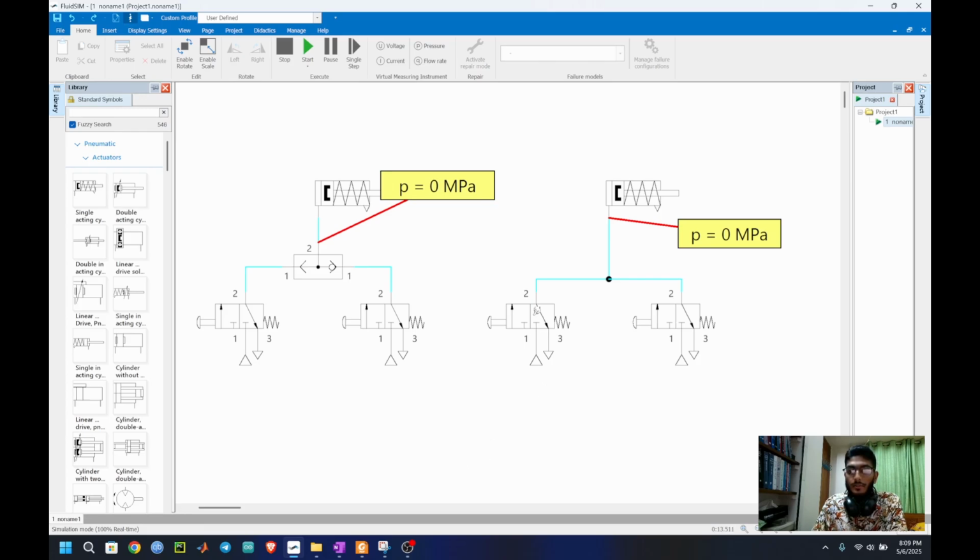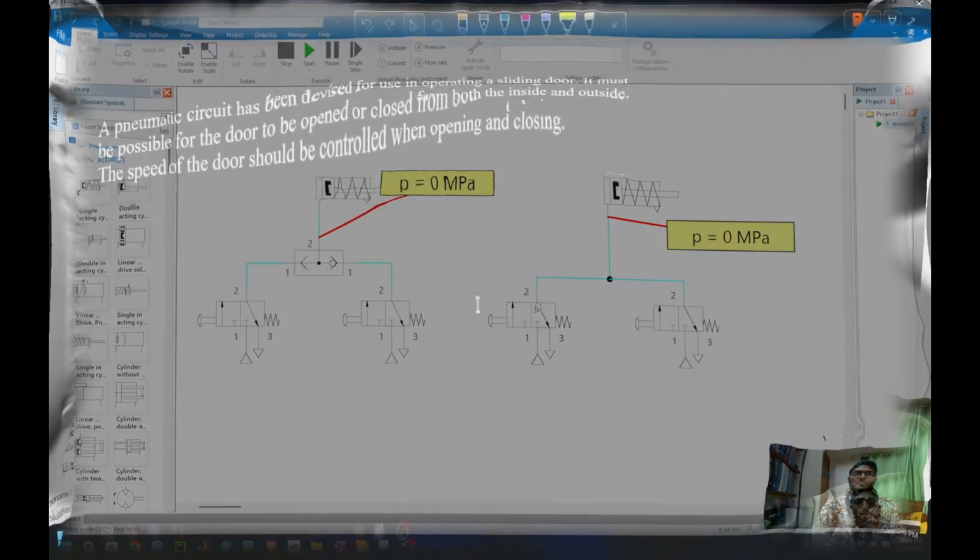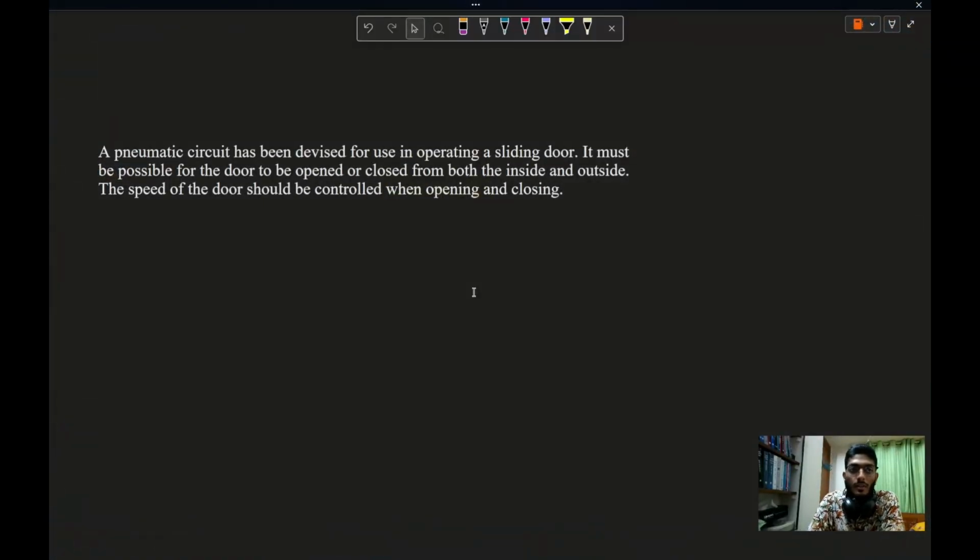Now for the T-piece, 0.44 megapascal, very much lower than the shuttle valve. So if we don't want any loss or don't want to decrease the pressure, then the shuttle valve is the way to go. Let's see another problem.